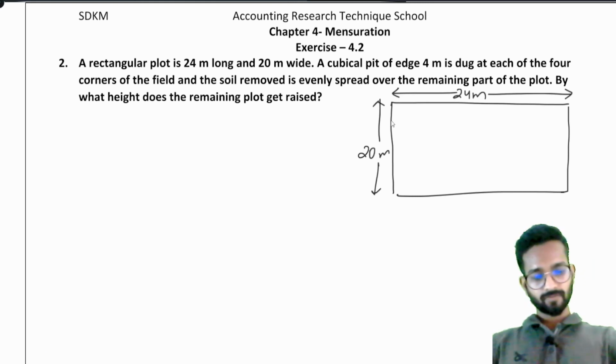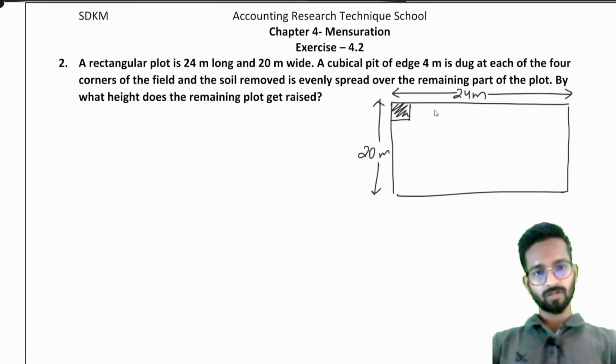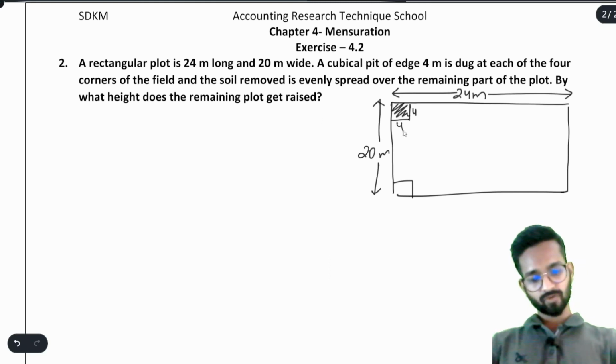So 4 meter here, 4 here. You are basically digging a hole at each of the 4 corners, each of 4 meter edge, 4, 4 here, also here 4, 4, and here also 4 and 4. You are digging a hole.